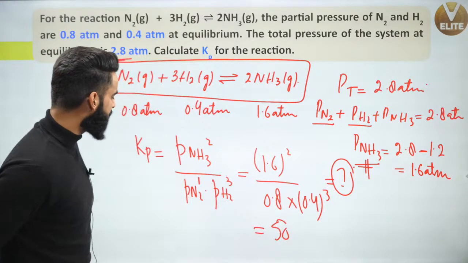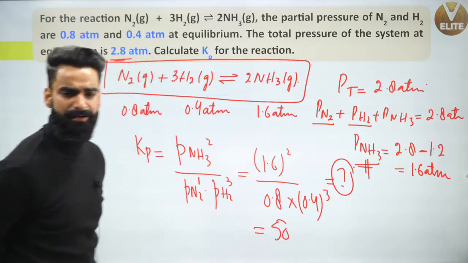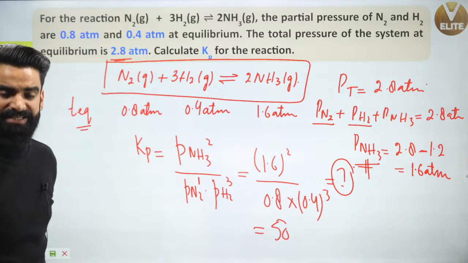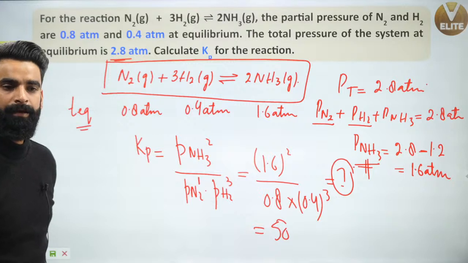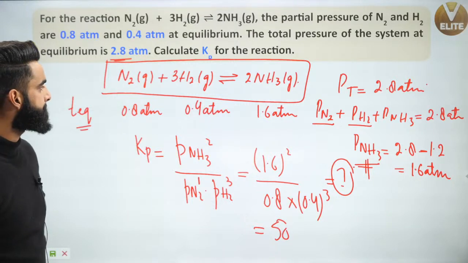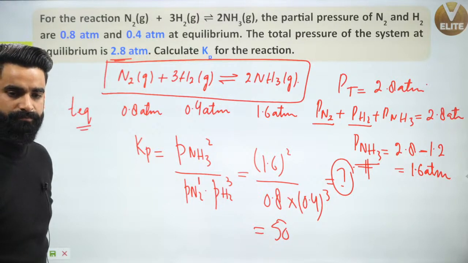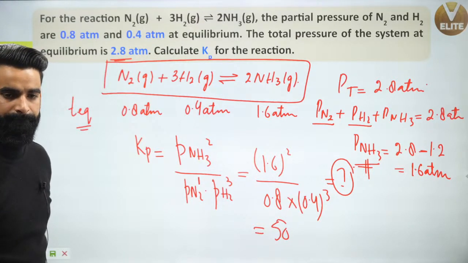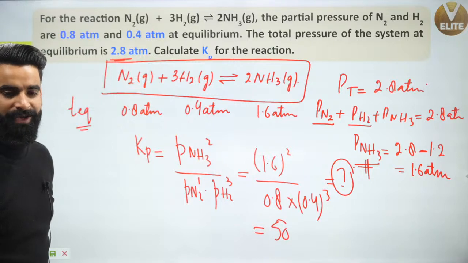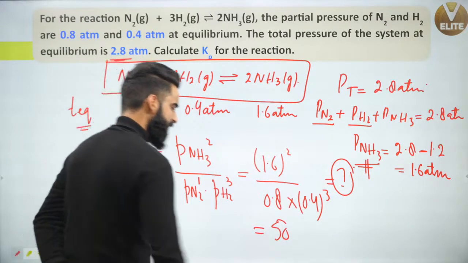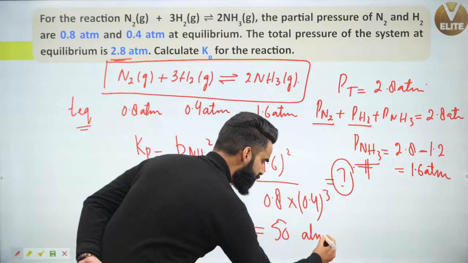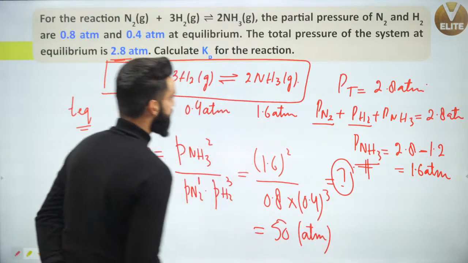Okay, if I ask you what are going to be the units of this Kp right here? What do you think? Tell me fast. Do you remember Kp units used to be atm to the power delta Ng?